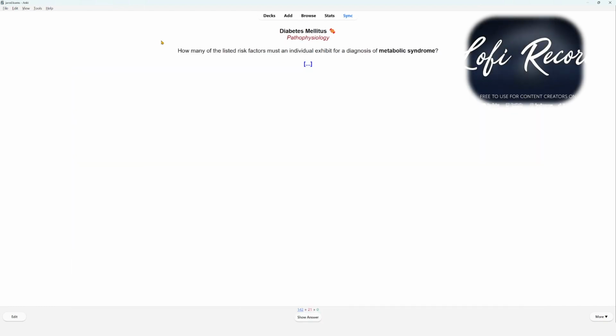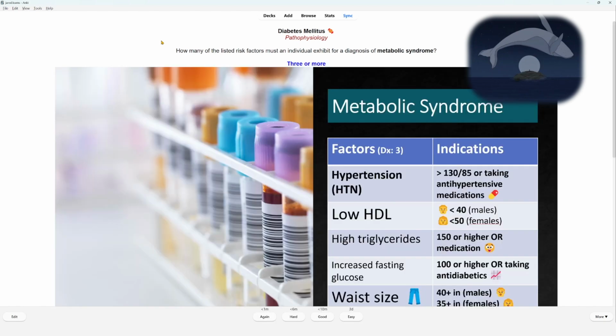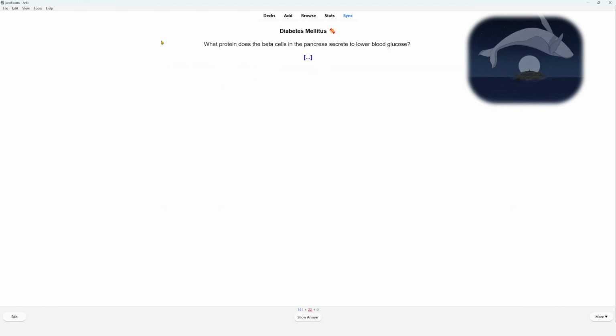How many of the listed risk factors must an individual exhibit for a diagnosis of metabolic syndrome? I need 3 of them. What protein do the beta cells in the pancreas secrete to lower the blood glucose? That is insulin. For females, the waist circumference, 35 or more.